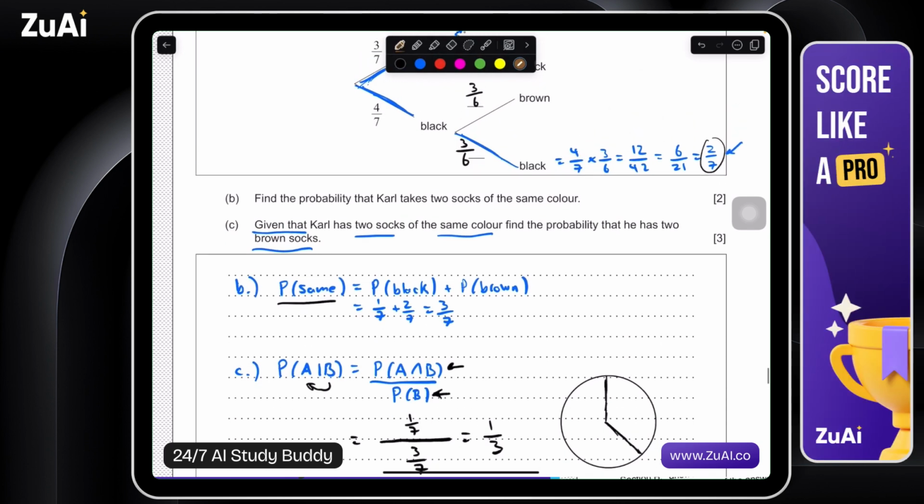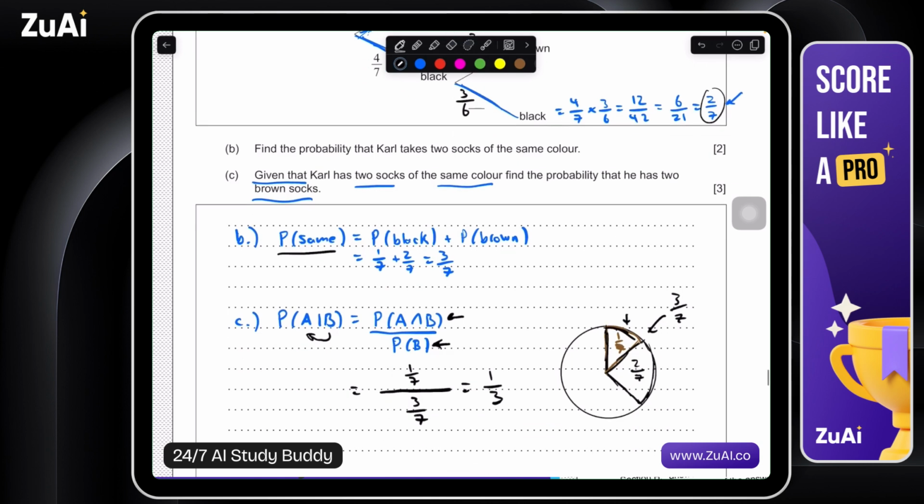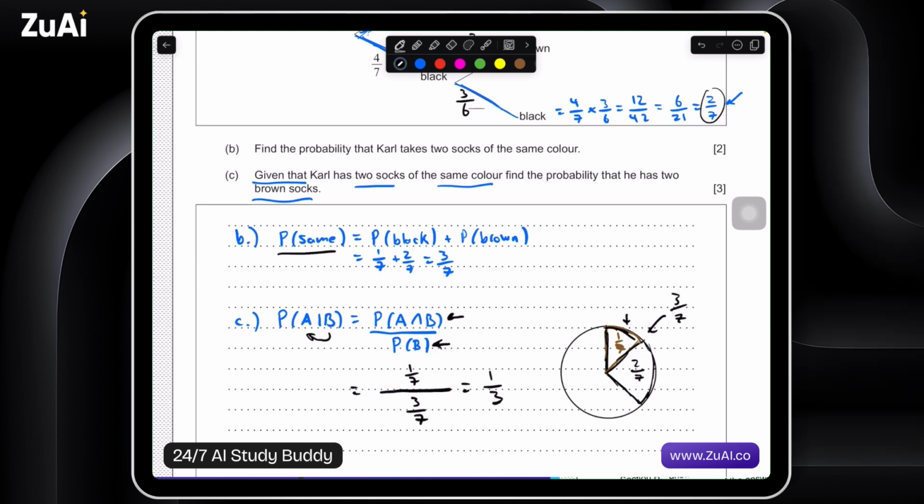This is maybe a little overkill, to be honest, but this is 1/7 of the time he has brown socks, and then black socks would just be within here, 2/7. Altogether he has 3/7. What fraction of that 3/7 is brown? Well, 1/7 of that 3/7 is brown. And so the answer is just 1/3.